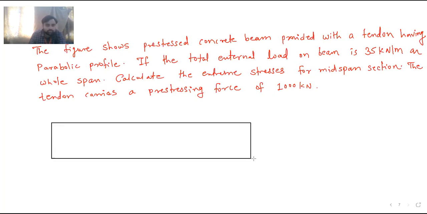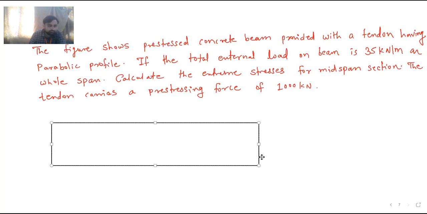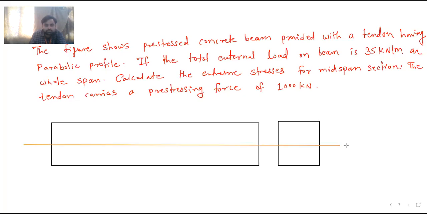This is the pre-stressing beam. This is the cross section. The neutral axis. This is the tendon, which is of parabolic profile.